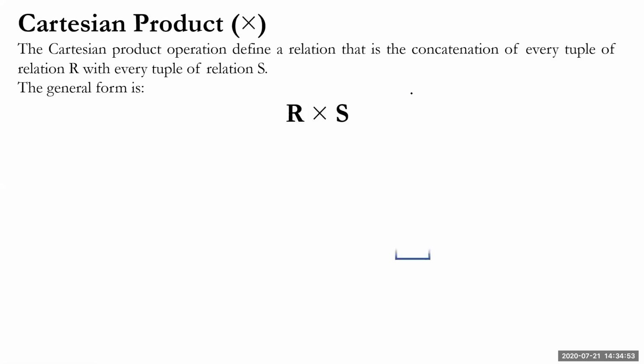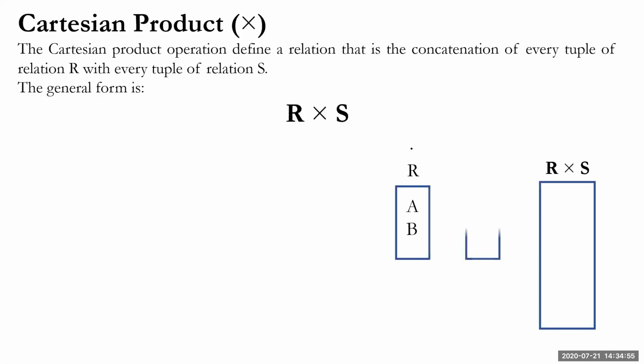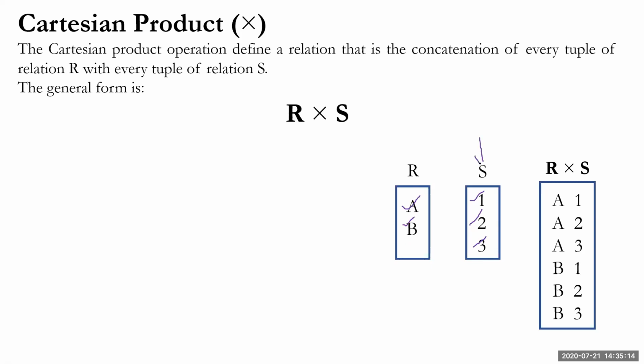Look at the example here, then you can understand very easily. R might have two elements, A and B. S might have three elements, 1, 2, 3. Then R cross product S will be A1, A2, A3, B1, B2, B3. So every element is combined with the elements of the second relation.